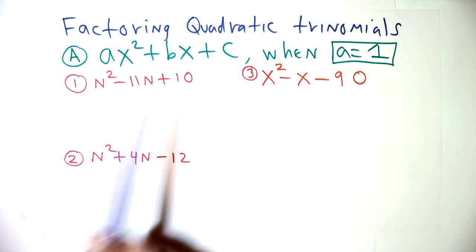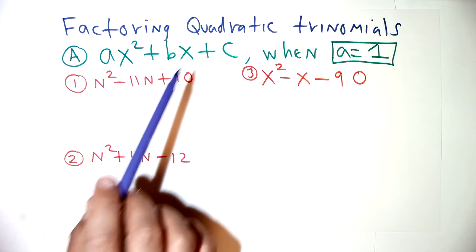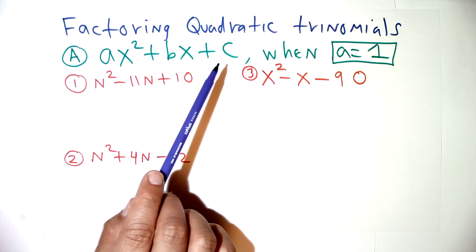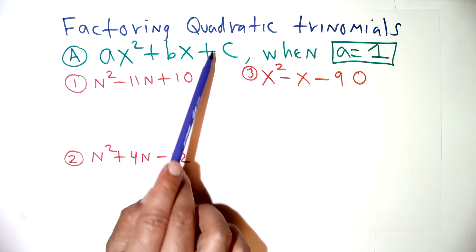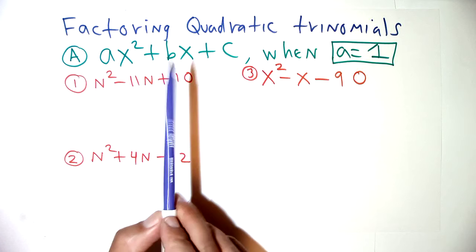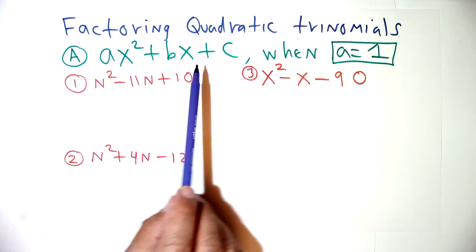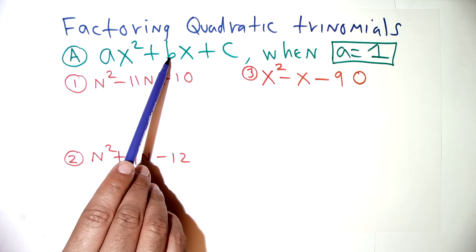The main idea of factoring is that you want to find two numbers that when you multiply them will give you c, the constant here. And then when you put together the same two numbers, you will be getting b.